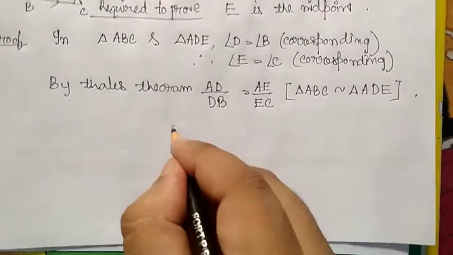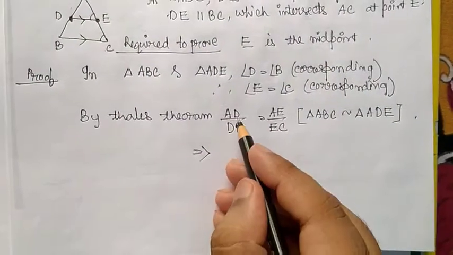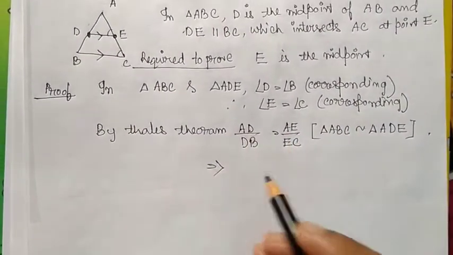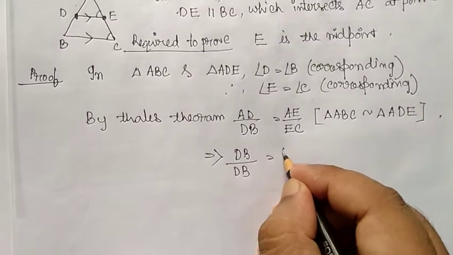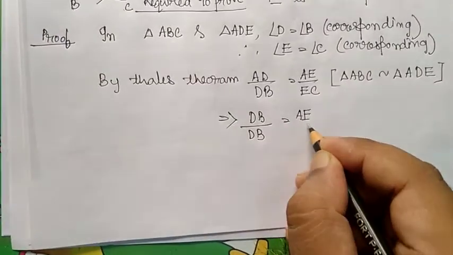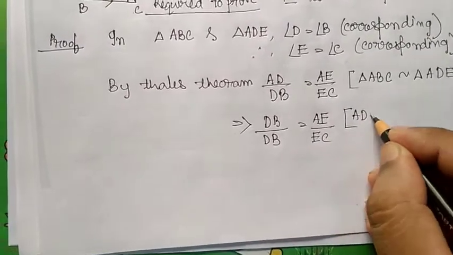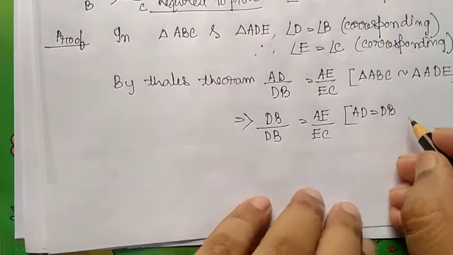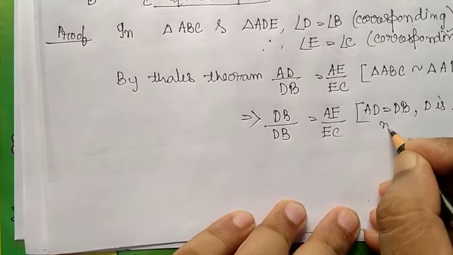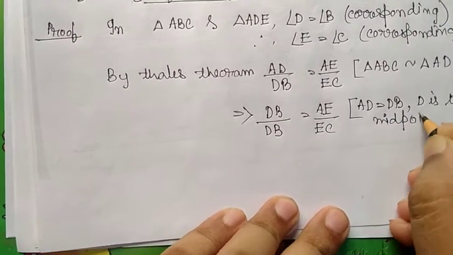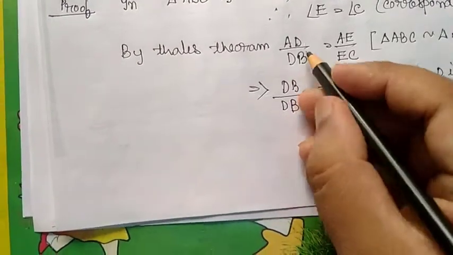Now here we know that D is the midpoint, therefore AD equal to DB. So in place of AD, write here DB. So DB by DB equal to AE by EC, as AD equal to DB, D being the midpoint of AB.